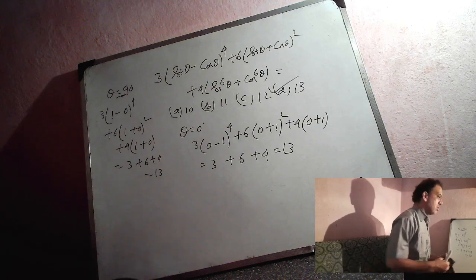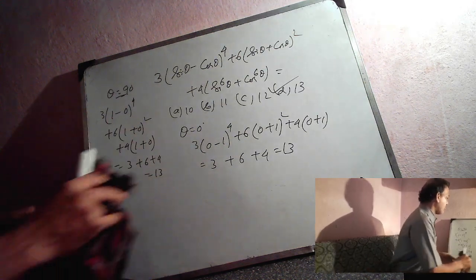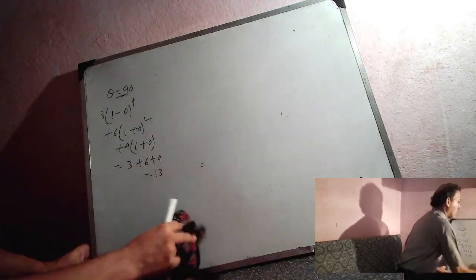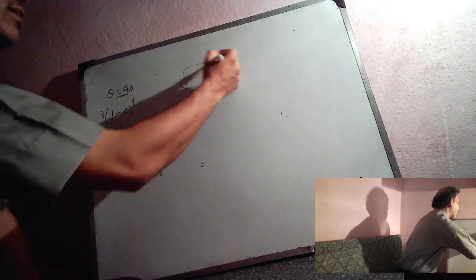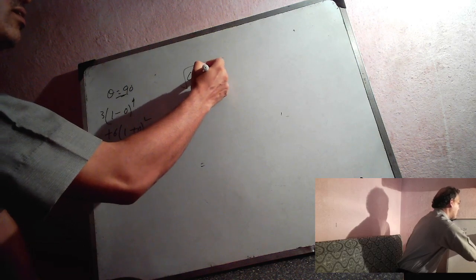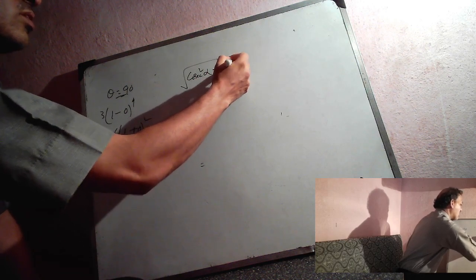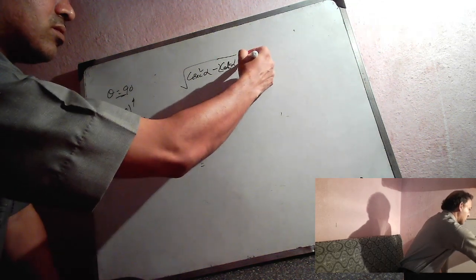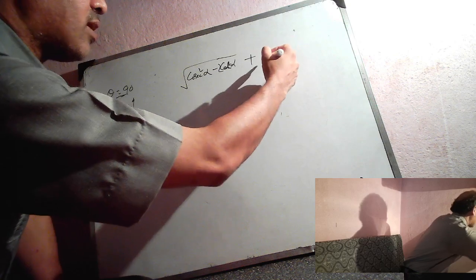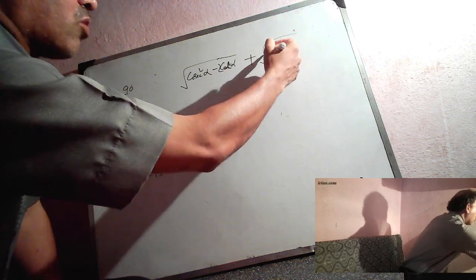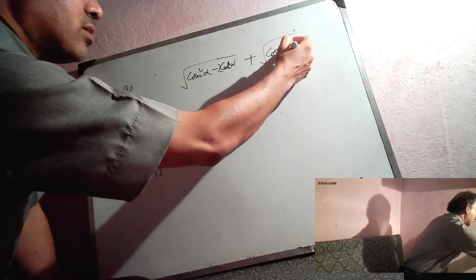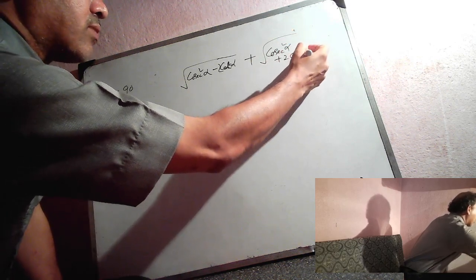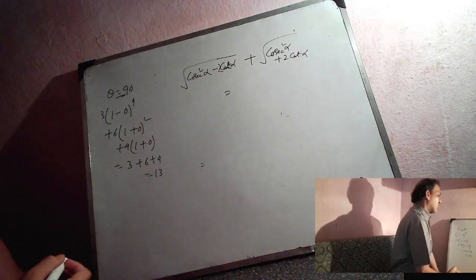Next. Suppose we are given √(cosec²α − 2 cot α) + √(cosec²α + 2 cot α). What will be its value?